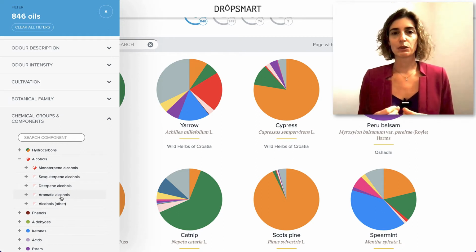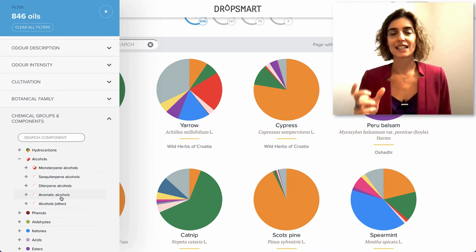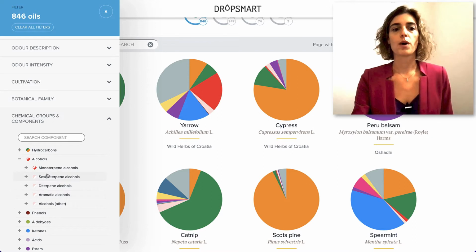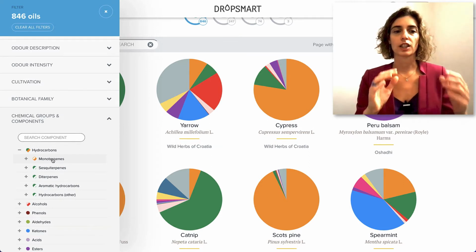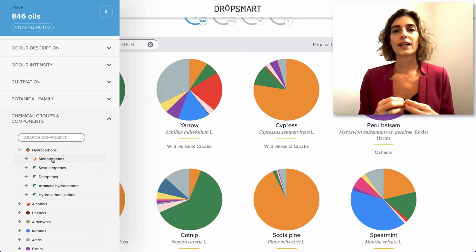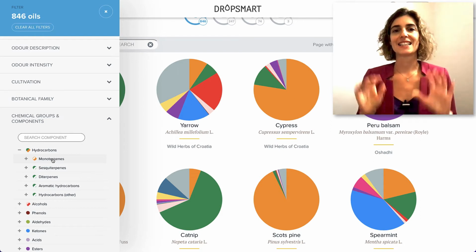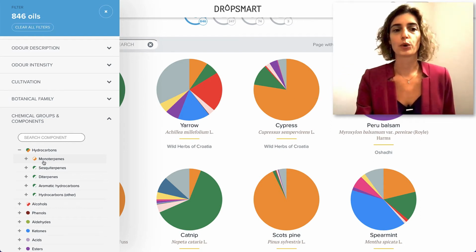So the first thing we want to be looking at is the size of the molecule. So monoterpene, sesquiterpene, in this case alcohols, but let's start with monoterpenes, as in monoterpene hydrocarbons. What does that mean? It means that it has 10 carbons when you see mono.